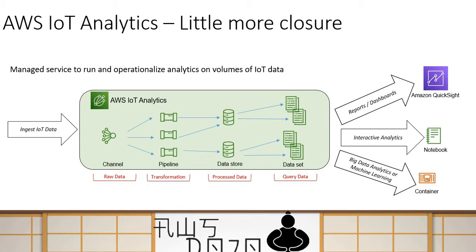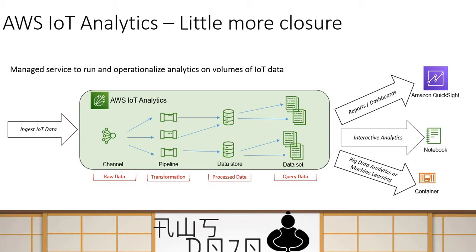Now, the destination of the pipeline is the data store, and each pipeline can have its own data store, or if you want more than one pipeline to share one data store, that is also possible. So a pipeline can decide its own data store, which could be one of its own or one of the shared data stores.